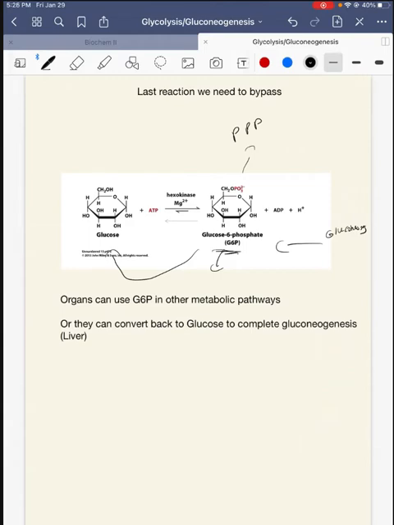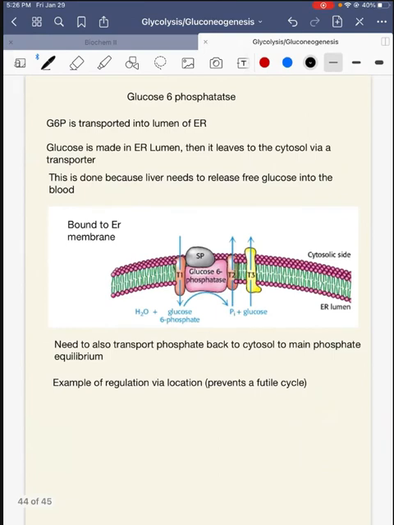Okay? So this is done by the enzyme glucose 6-phosphatase. This is the enzyme that takes the G6P and converts it into glucose, the last step. This enzyme is actually in the membrane of the ER. So this is the cytosol, this is where G6P is.